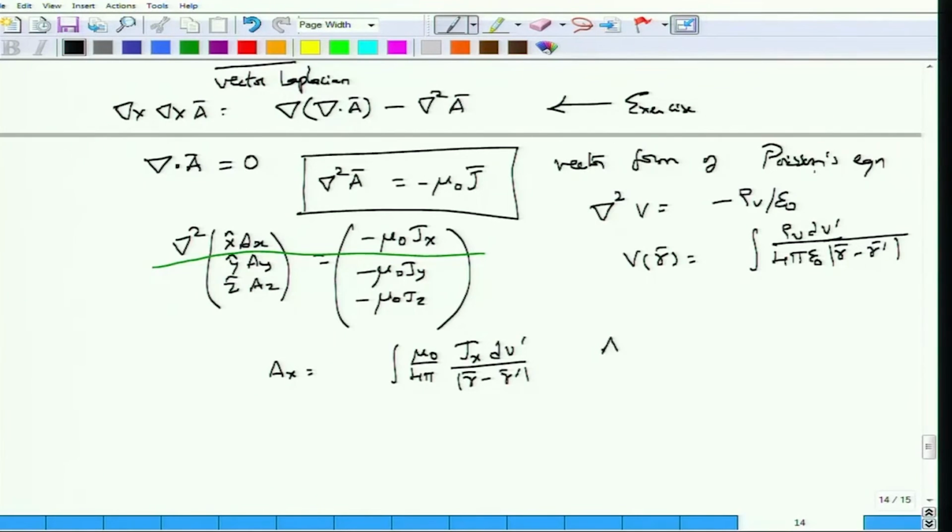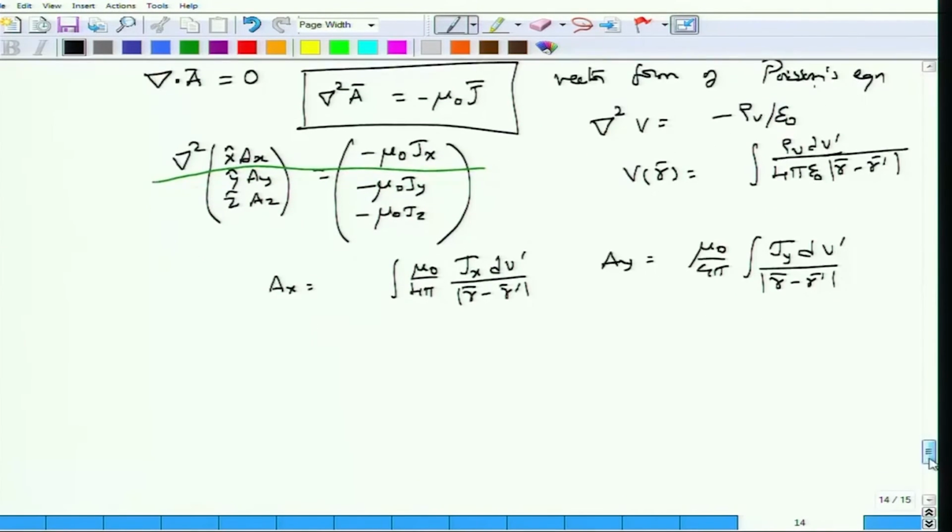Similarly, what would be Ay? Ay will be mu 0 by 4 pi, and I can push this mu 0 by 4 pi out of the integral and I get Jy dV prime divided by the magnitude of r minus r prime, and similarly I can write down Az as well.